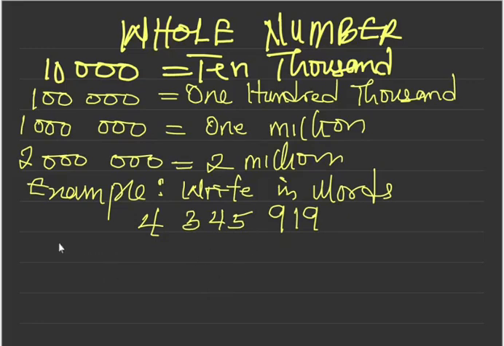If you want to write this in words, you're able to see that we have one. We want to count the zeros: 1, 2, 3, 3 zeros. 1, 2, 3, we have 6 zeros. So the moment we have the 6 zeros, it means we have 4 million.